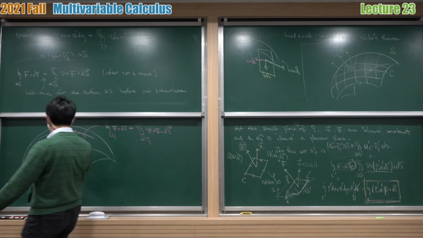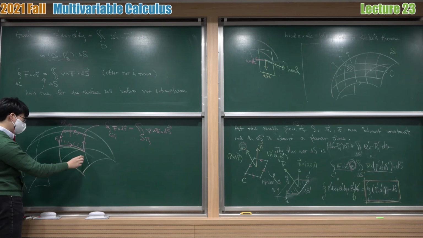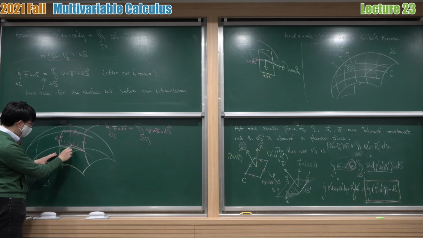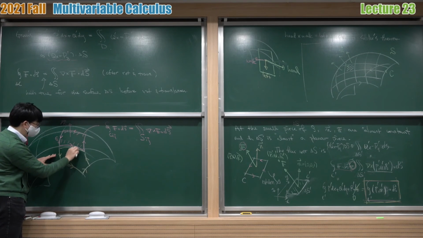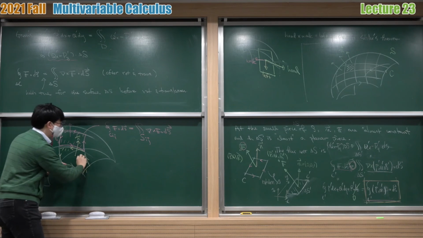So let's say here. Maybe this piece has 5 boundaries, but it doesn't matter. I take the same orientation so that I have the same orientation of the surface here. So that's my n direction. And I do the same thing here.